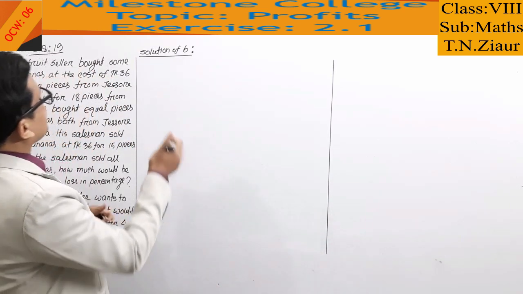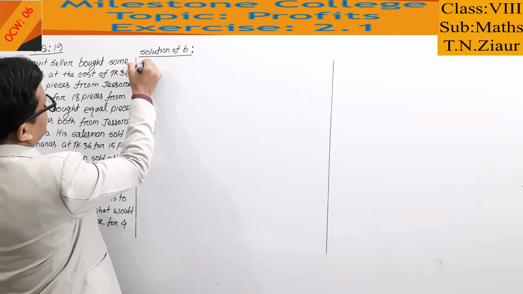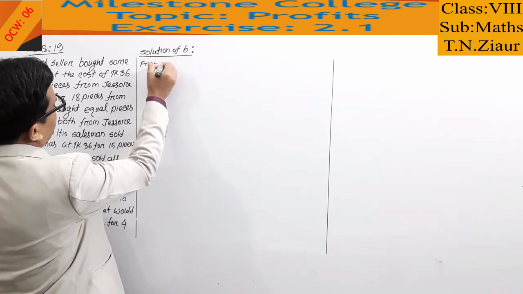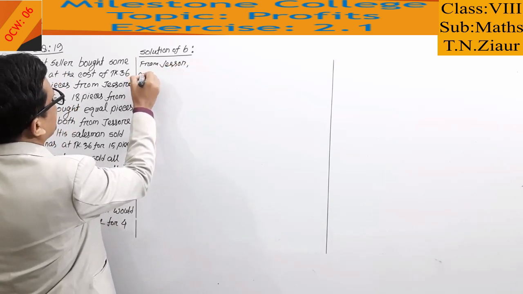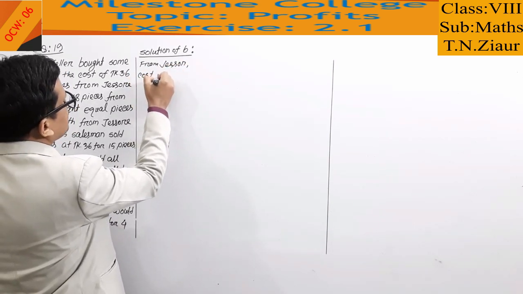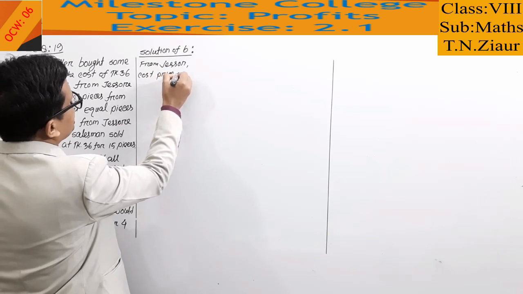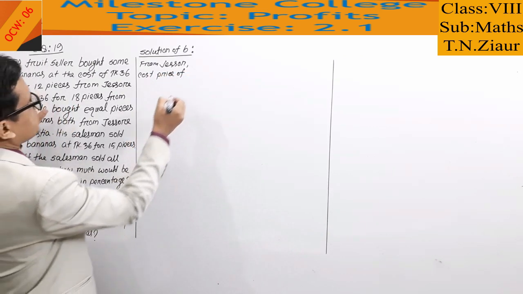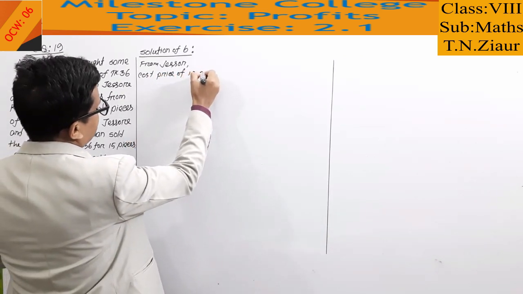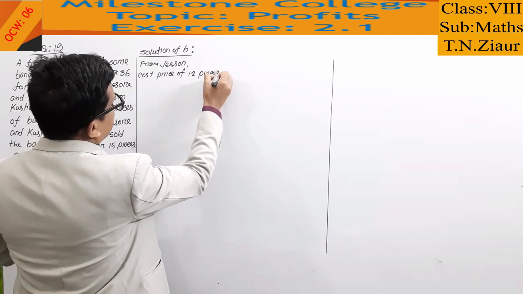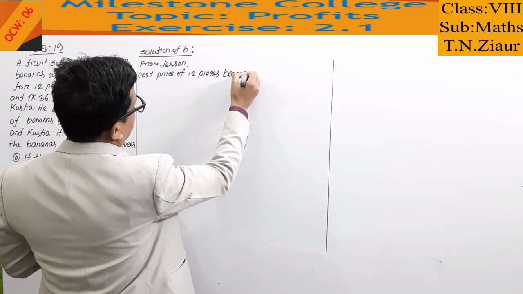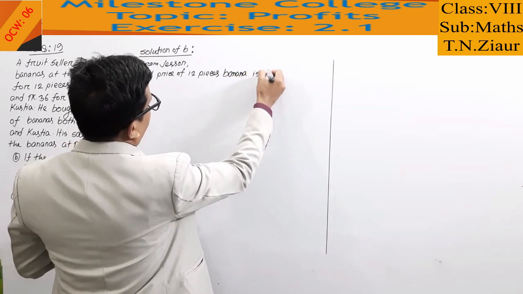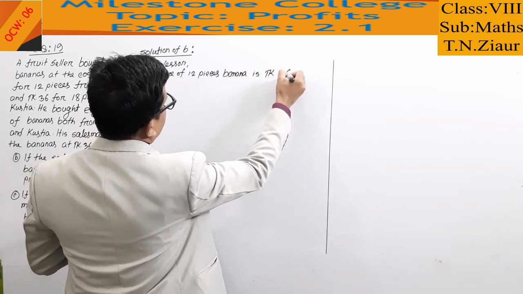Now from Joshua, what would be the cost price? The cost price of 12 pieces of bananas is taka 36.